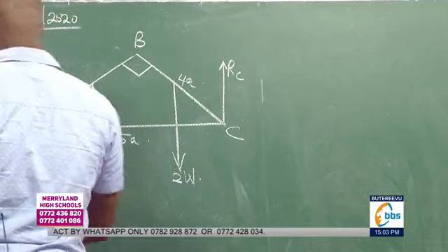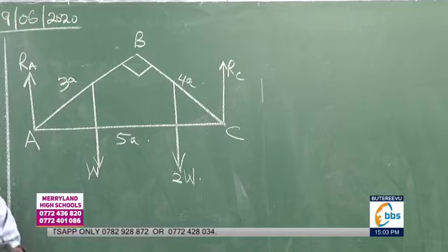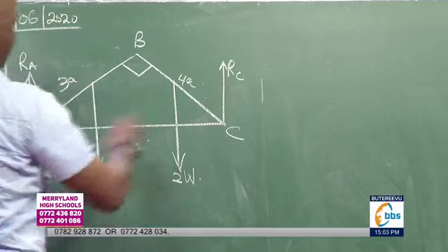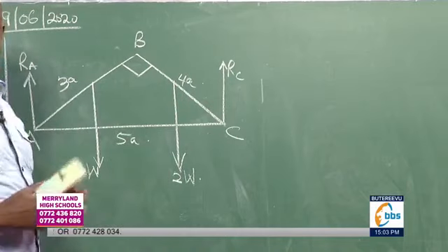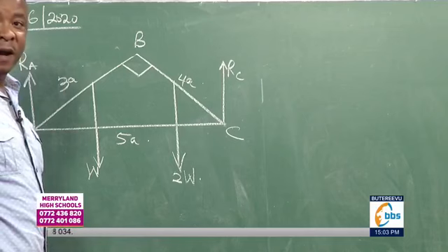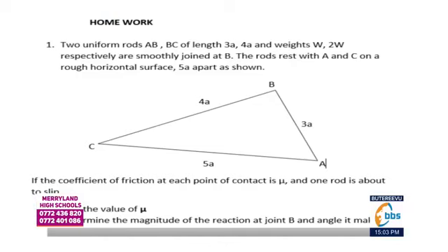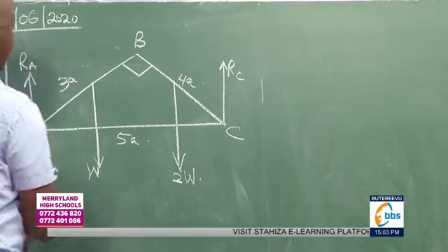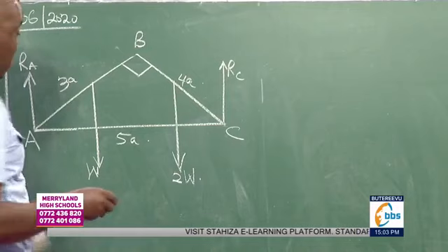Before separation, these are the only forces acting. They tell you the rods rest with A and C on a rough horizontal surface. Since this surface is rough, that's why they're asking us to find mu.